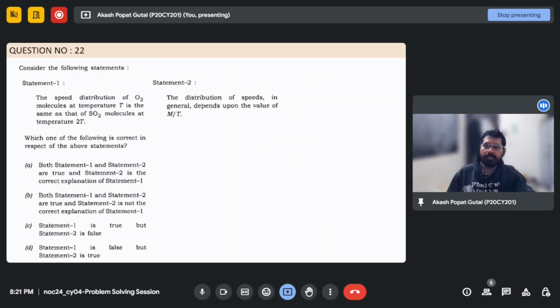So the question number 22. Consider the following statements. Statement 1: the speed distribution of O2 molecules at temperature T is the same as that of SO2 molecules at temperature 2T.